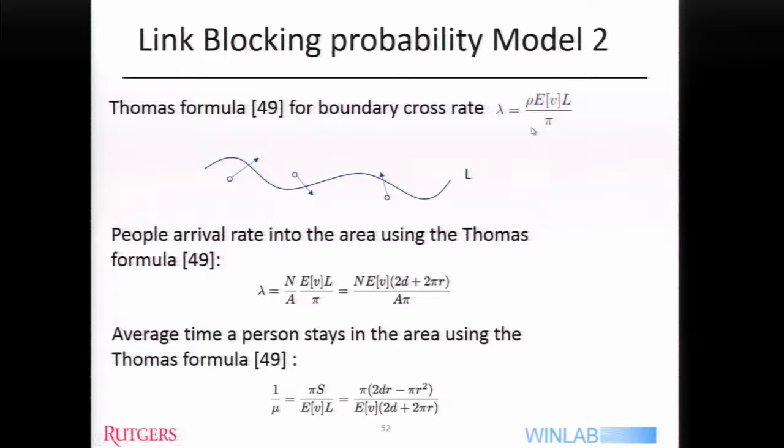That is quite interesting. So in that model, we can get the people arrival rate into this area from this equation. This is the density of people, this is the average speed, and this is a parameter of this area. And we can also get the average service time from Little's law, also explained in this paper.